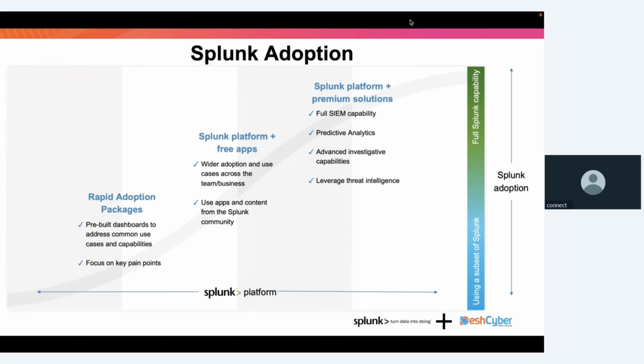You can start from the Rapid Adoption Package, which is a pre-built dashboard to address common use cases and key pain points. Then you can slowly grow to Splunk Platform plus free apps. That's the maturity level, all the way to full Splunk capability, which is the Splunk Platform plus premium solutions.